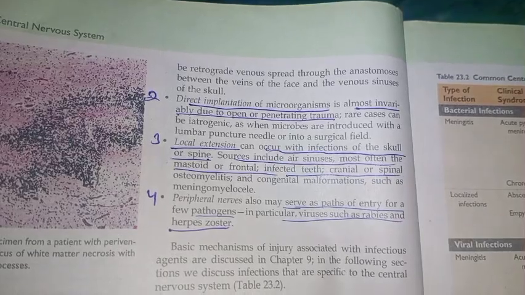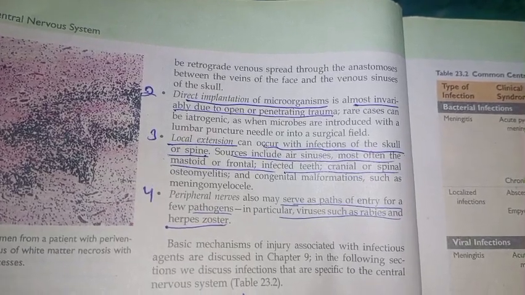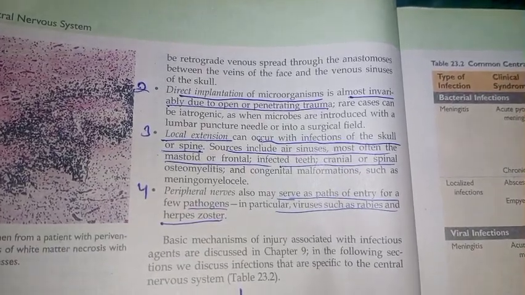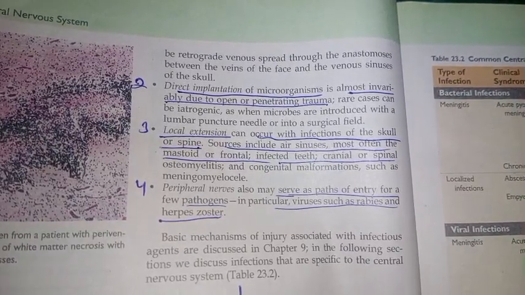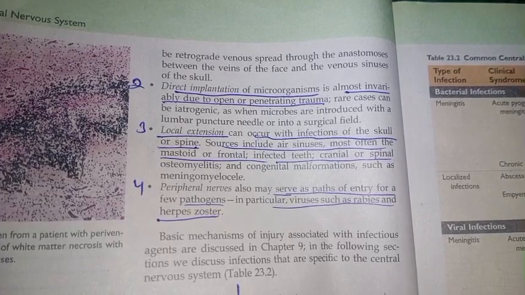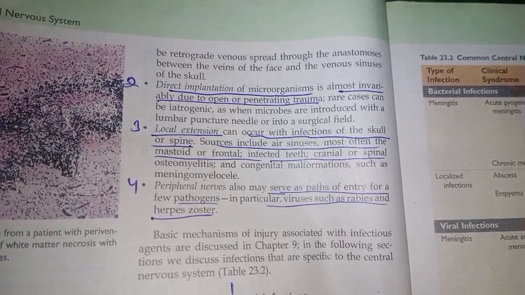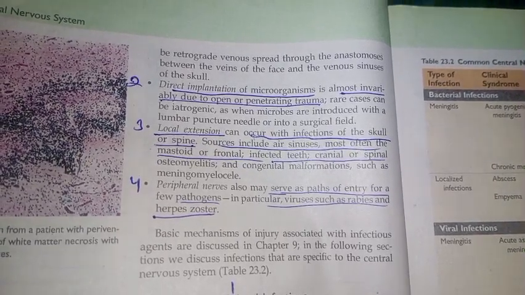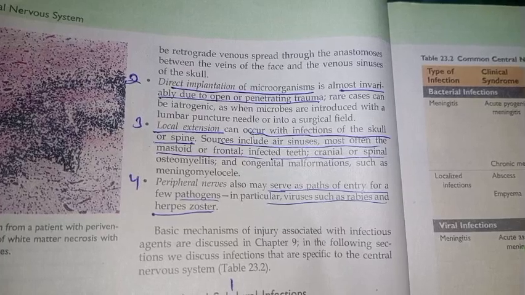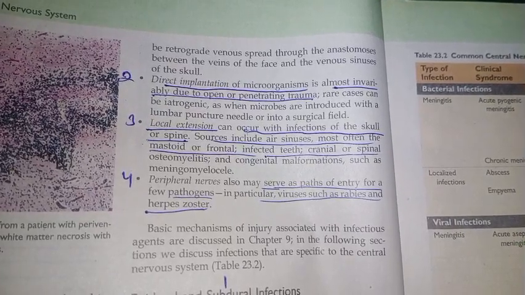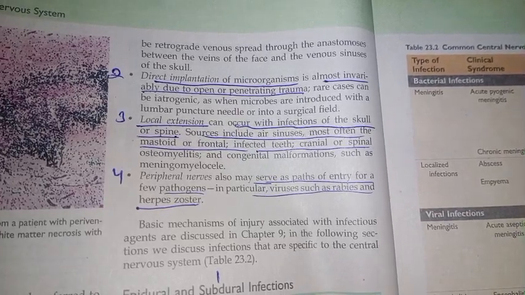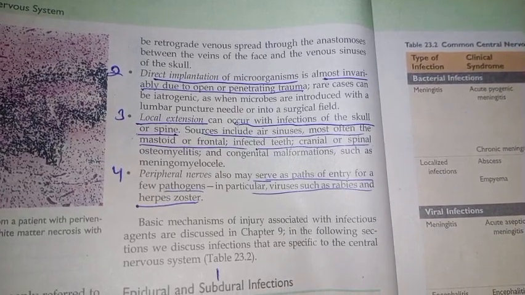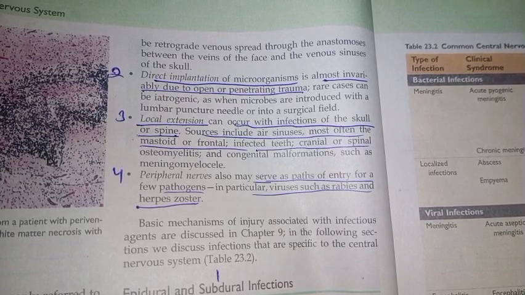Direct implantation of microorganisms is almost invariably due to open or penetrating trauma. Rare cases can be iatrogenic, as when microbes are introduced with a lumbar puncture needle or into a surgical field. Local extension can occur with infection of the skull or spine.